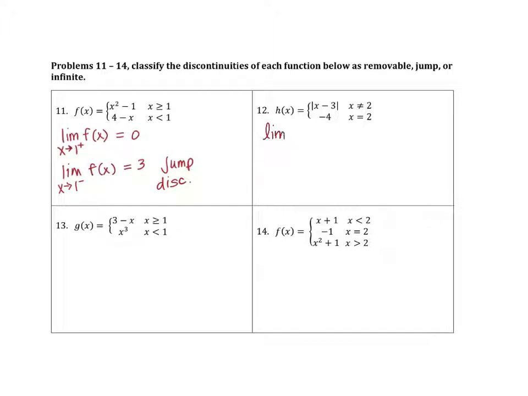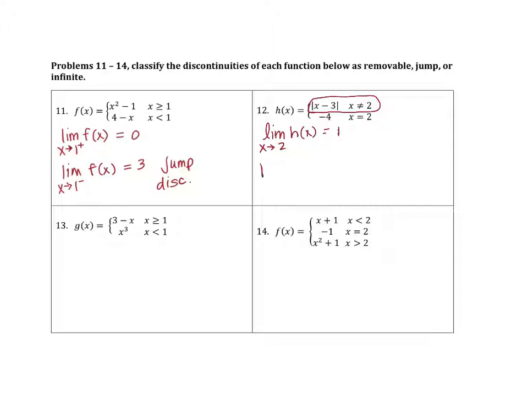The limit as x approaches 2 of our function h at x. And as we saw earlier, we're always going to use this equation. We can draw this out again. We had an example last time looking at this where we drew it and saw that you always use the equation. And if I do plug in here, I'm going to get 1.